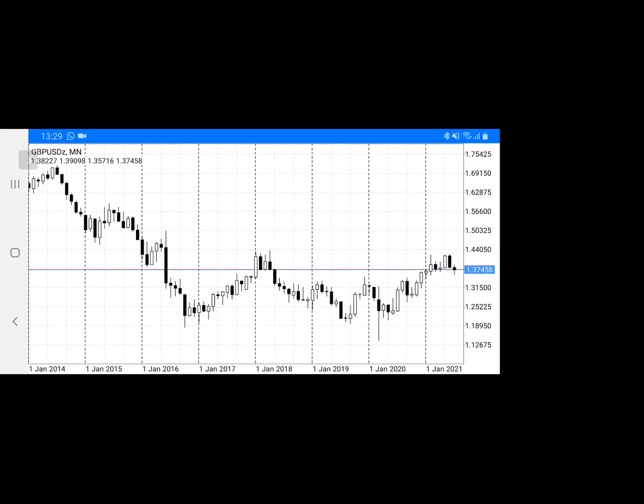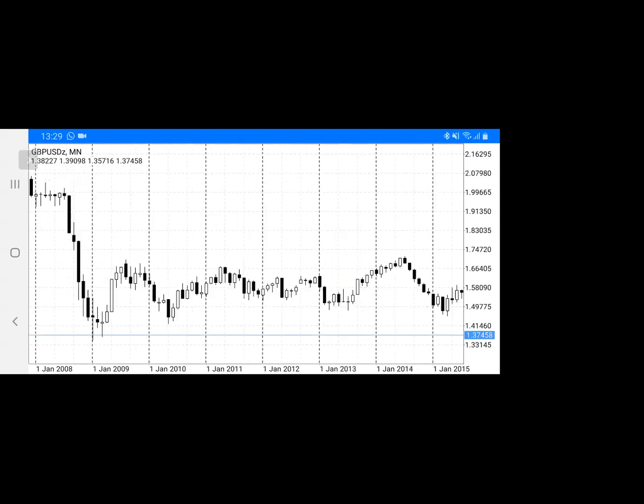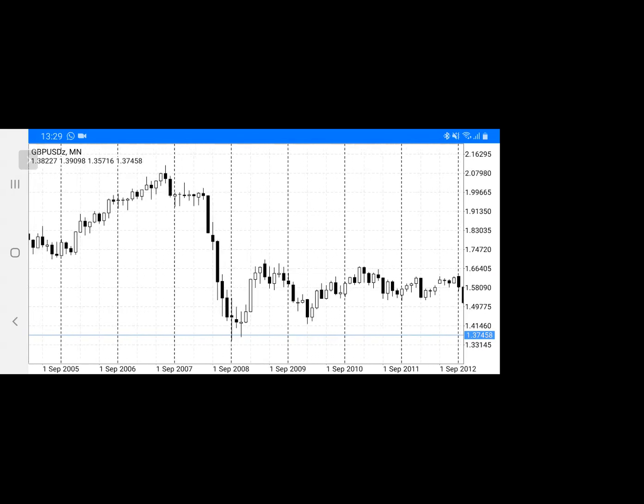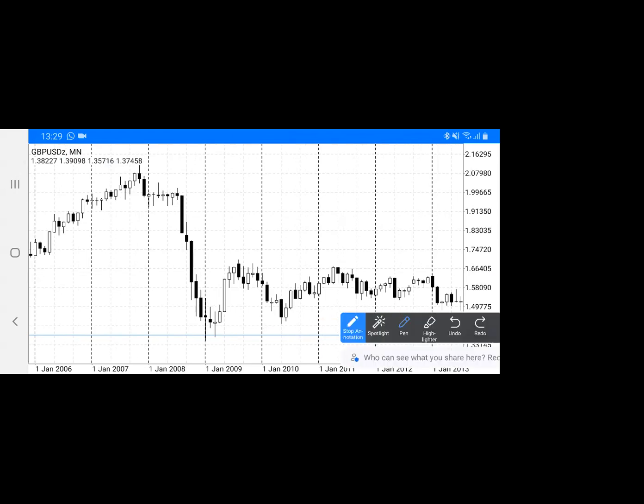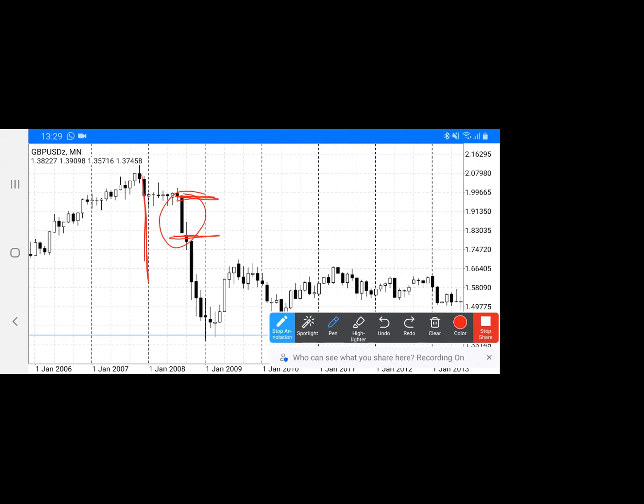Okay, so each candlestick gives us 5 pieces of information about that particular session. Let's look at this month just as a point of reference. We can see during this month here, price started at the top and it dropped. During this year, in fact, price dropped a lot, right?